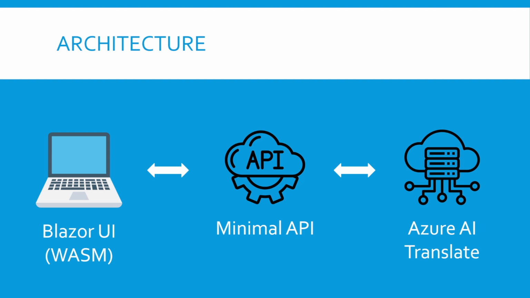Now, the reason we need this minimal API in the middle is to hold on to some of those secure keys for talking to our Azure service and loading in our dictionary data of words, and just sort of acting as a middleman for our data and security concerns in between the UI and the cloud. This is actually a pretty standard architecture out there, and we're going to take things one step at a time to keep this approachable. So with all that said, let's jump right in and start coding.